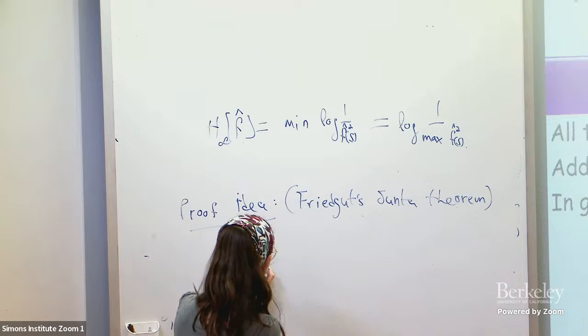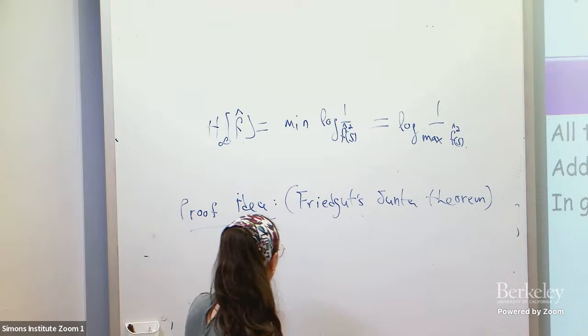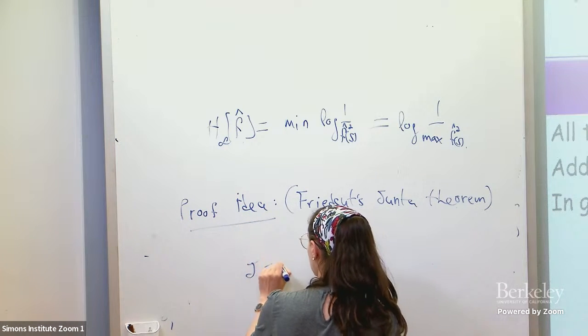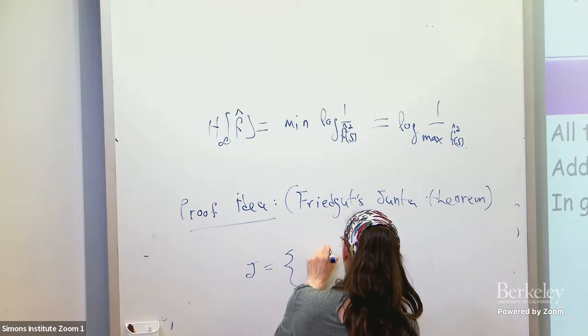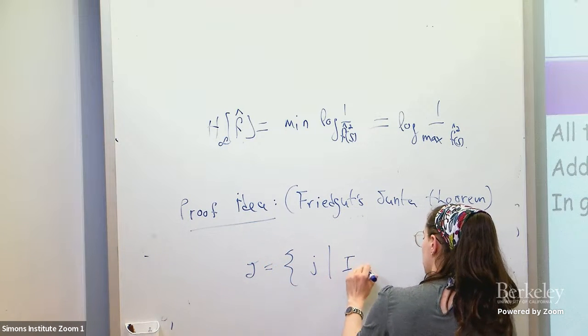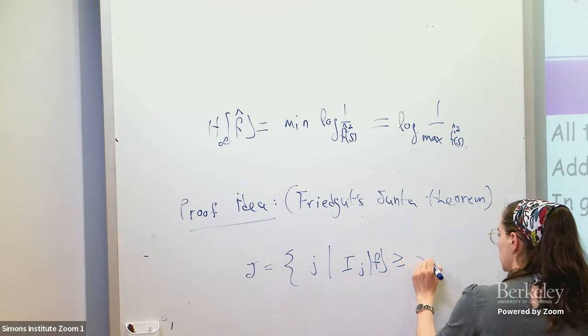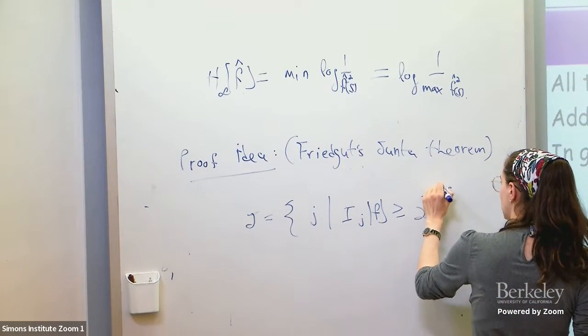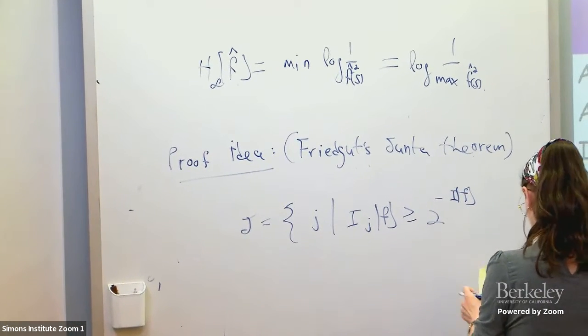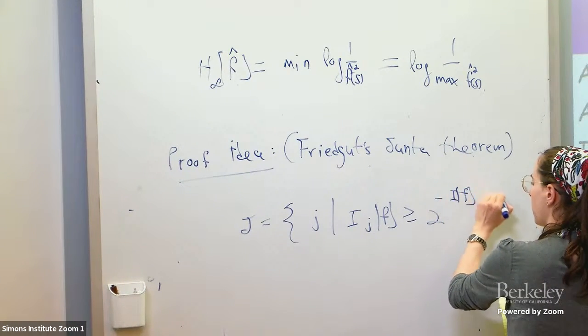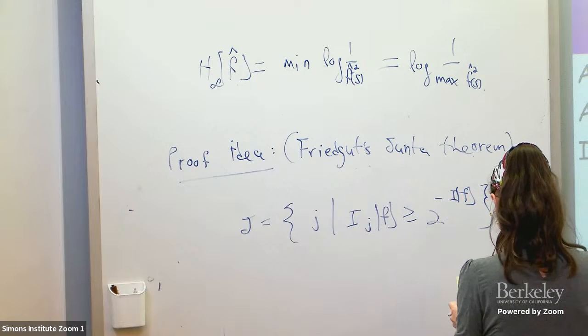We define J, the set of the variables that will be in the junta. The influence is large.